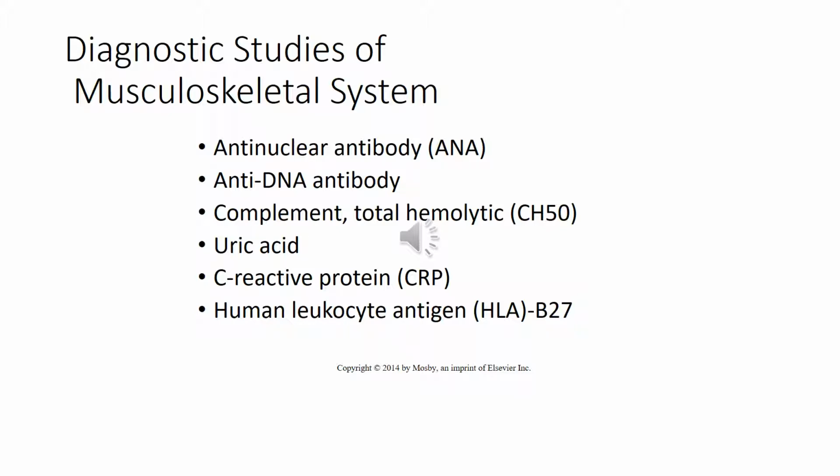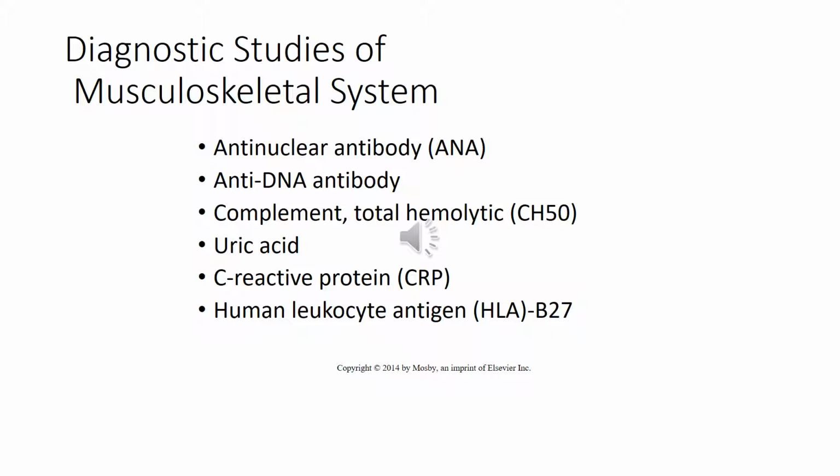Uric acid, that's what we are testing for to see if people have gout. Usually somebody with gout has elevated levels, although it's not extremely specific. So uric acid is basically the end product of purine metabolism that's normally excreted in the urine.